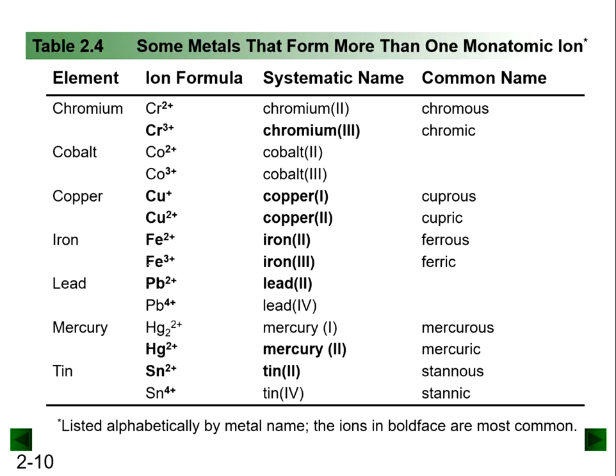But then there are some cases where things have multiple charge states. For example, copper commonly has +1, +2. Lead is +2 and +4, like in your lead storage battery. So as we look at compounds, we need to identify where in the periodic table our elements are lying and if there's more than one charge state for that element.